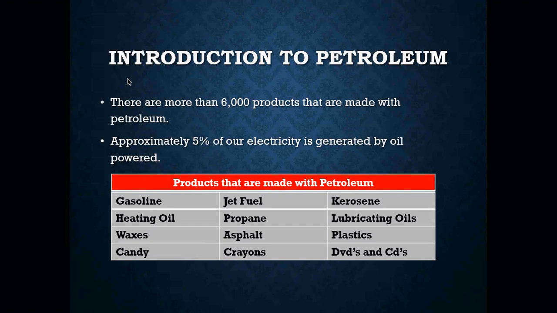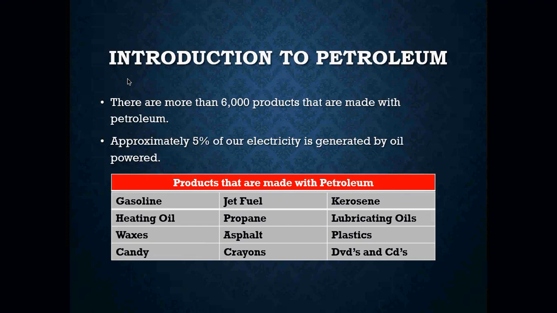Some of the products that are made of petroleum: obviously we have gasoline. Gasoline does have petroleum in it. We have jet fuel, kerosene. Our home heating oil is made of petroleum, propane, lubricating oils, waxes that we make, candles and other waxes, asphalt on the roads, plastics.